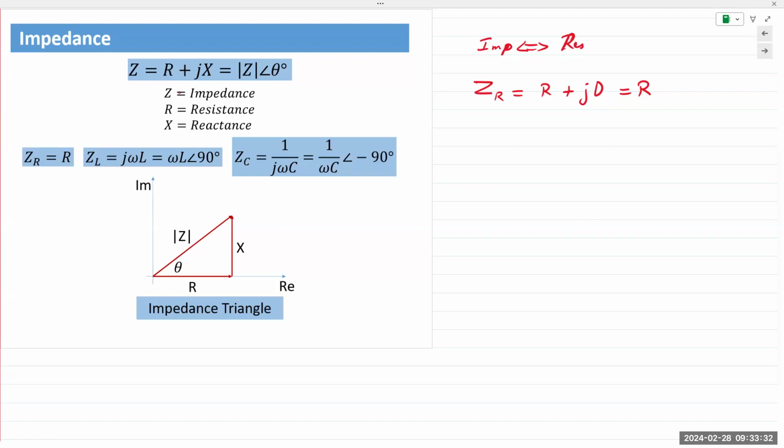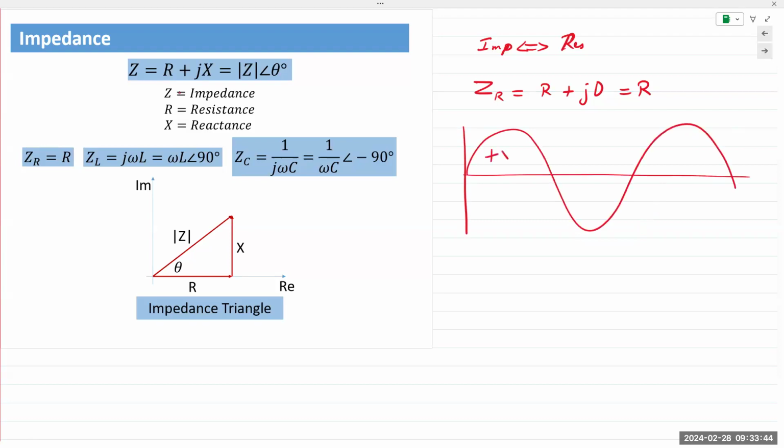For an inductor, if you have a waveform like this, this is the positive half cycle, this is the negative half cycle, and this is the positive half cycle again. For an inductor, in the positive half cycle, energy flows in.